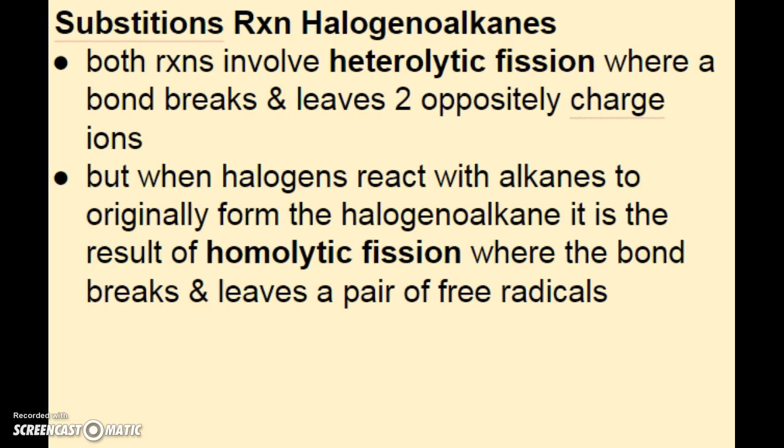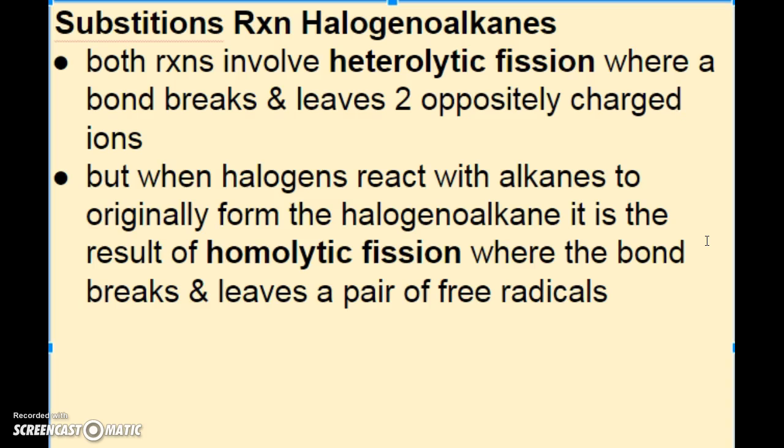One final note on substitution reactions among the halogenoalkanes is they both involve what is called heterolytic fission, where a bond breaks and leaves 2 oppositely charged ions. And we've seen this a lot in replacement reactions, etc. I just want to contrast this with what happens when the halogenoalkane forms.